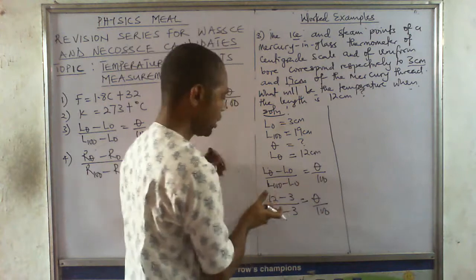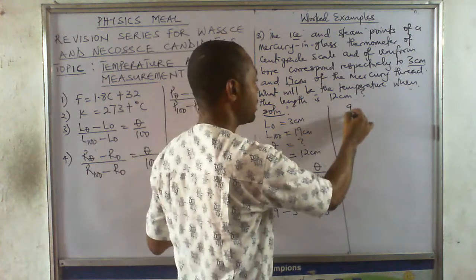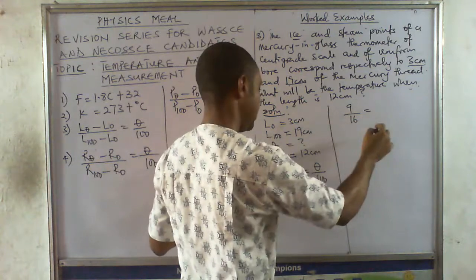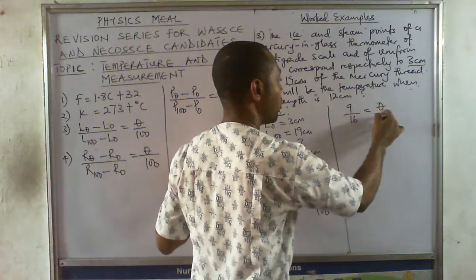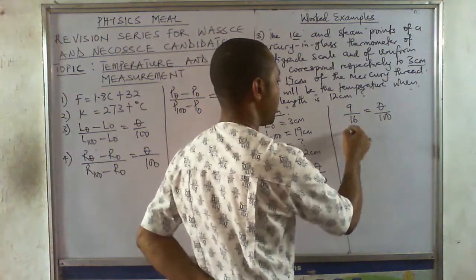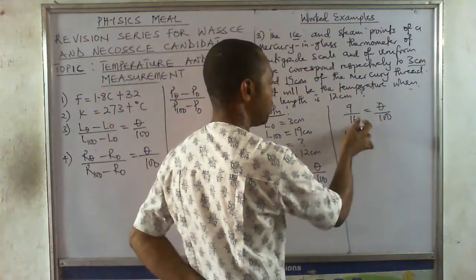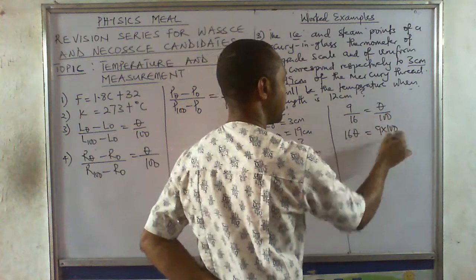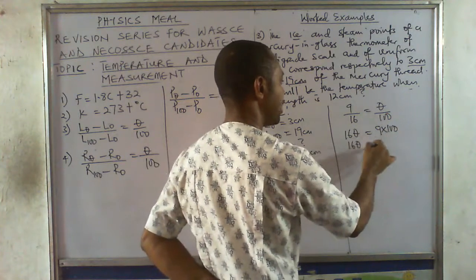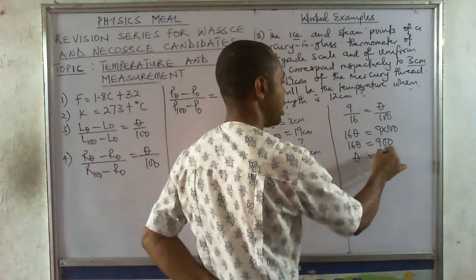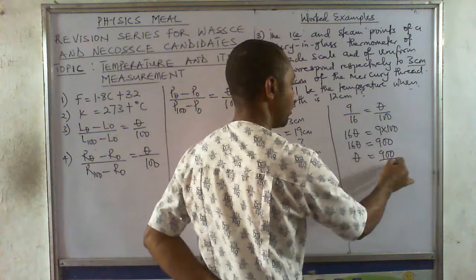So 12 minus 3 will give us 9, all upon 19 minus 3 is 16. It's equal to theta over 100. Let's clear the fraction. We have 16 theta is equal to 9 times 100. So 16 theta is 900. So what will be theta? 900 over what?